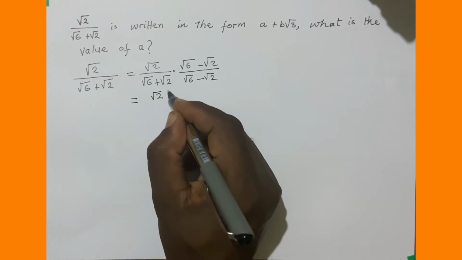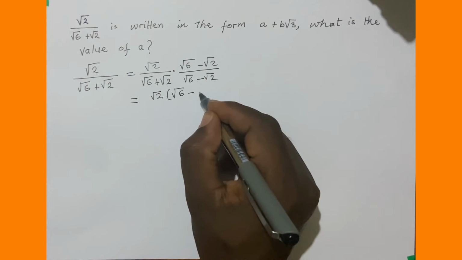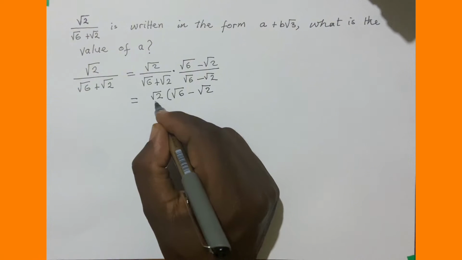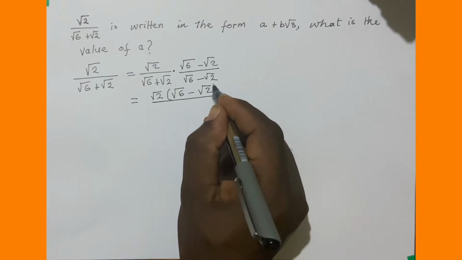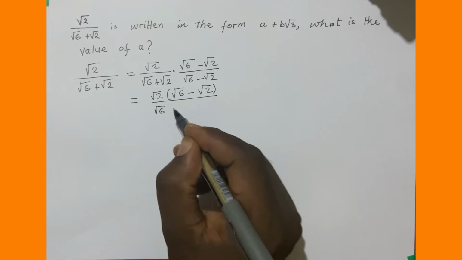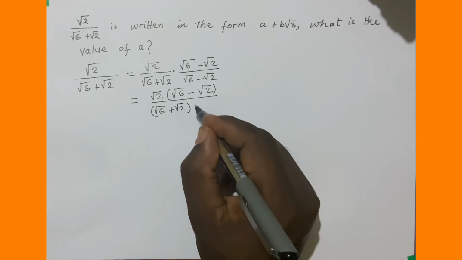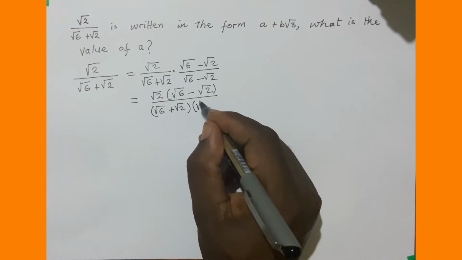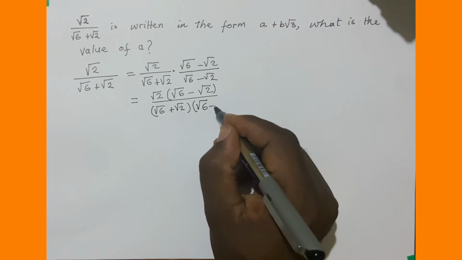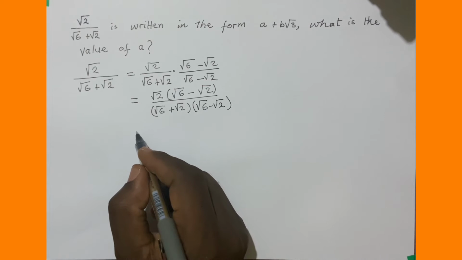And this will be equal to root 2 times root 6 minus root 2, divided by root 6 plus root 2 times root 6 minus root 2. Okay, we simplify further.